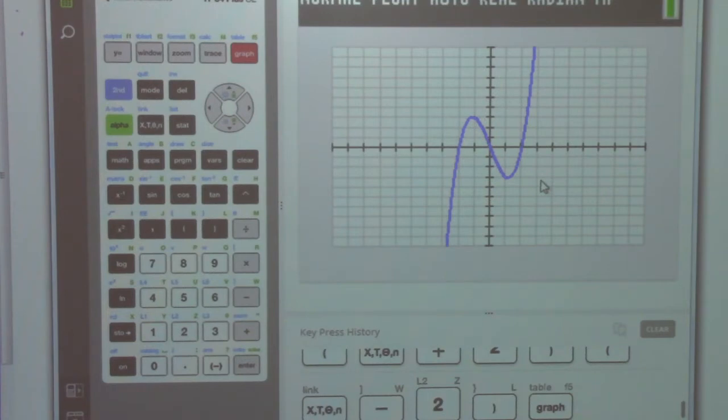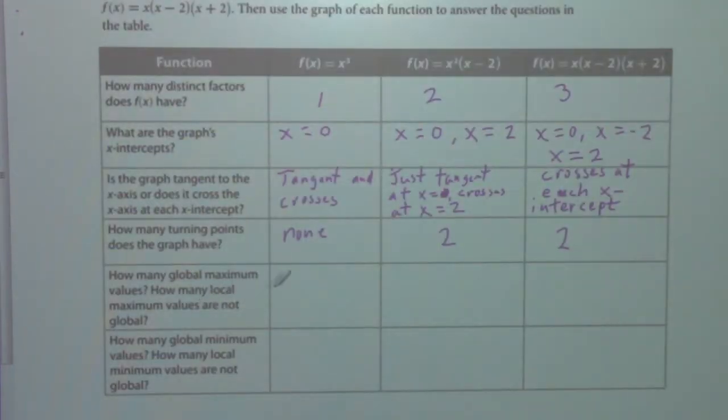And then there's the extreme value theorem in calculus. So anyway, how many global maximum values? We say no global anywhere, right? No global for this one here or this one. Now it says how many local maximum or minimum values? Well, here there are no local maximums or minimums, and here it says how many local max values.